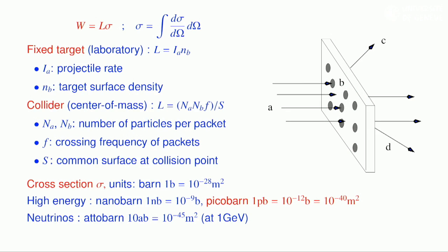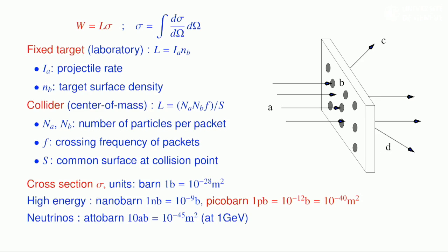We consider here a four-body reaction A plus B goes to C plus D. If each target particle B has a cross-section sigma, which represents the probability to hit it, the rate of scatters per second will be proportional to the incident flux of projectiles and the number of targets. The cross-section is thus defined as the reaction rate per target particle normalized to the flux of projectiles. It represents the intensity of a reaction independent of experimental parameters.